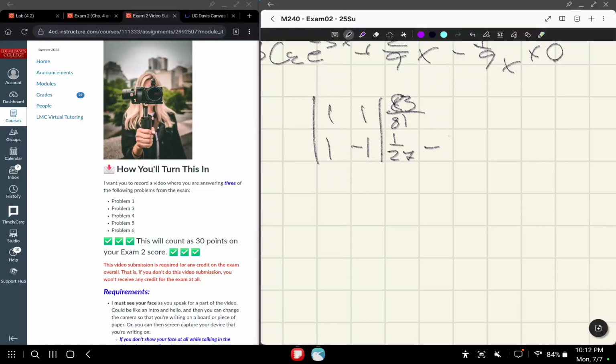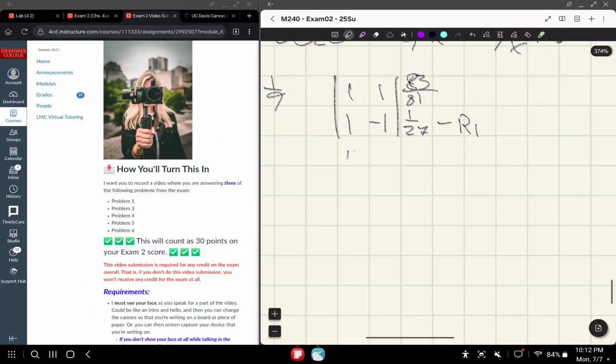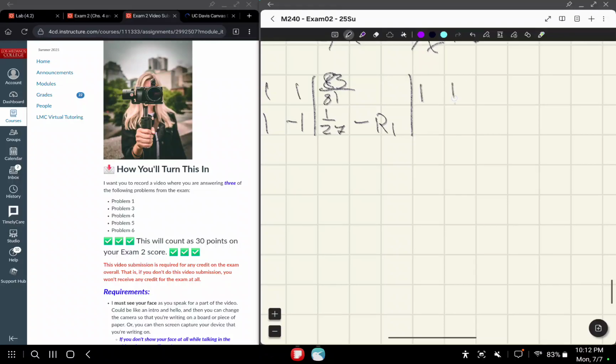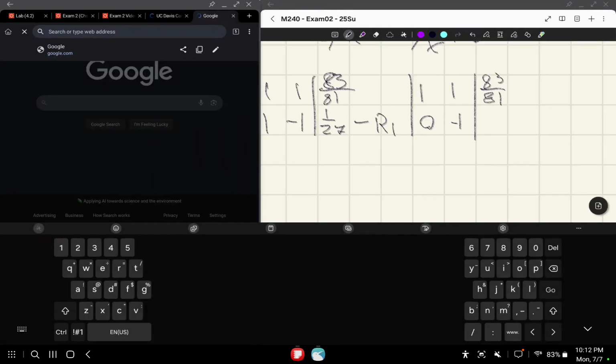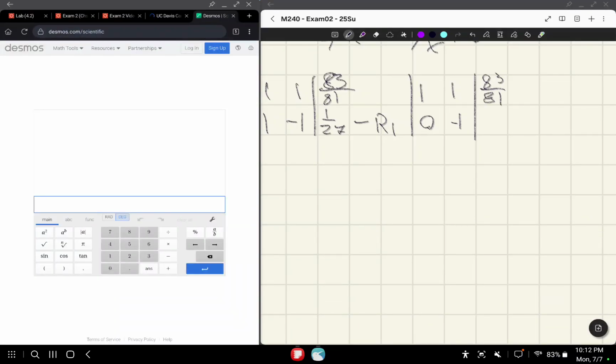Minus R1. This will be 1, 1, negative 83 over 81, and 1, negative 1, 1 over 27. Let's go decimal, it's more scientific.